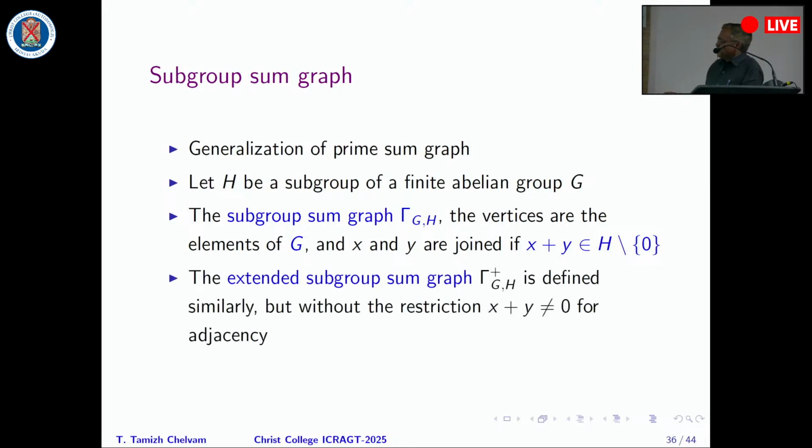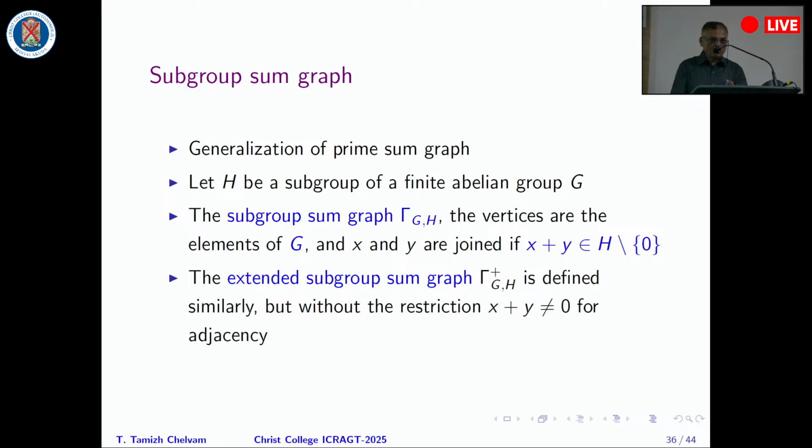Cameron wanted to say that we can have this as an extended subgroup sum graph. So when we delete the condition that x plus y is non-zero and an element of H, you take the same graph, same vertex set, only difference is x plus y may be 0. The only condition is x plus y is an element of H. So this is the definition of the subgroup sum graph.